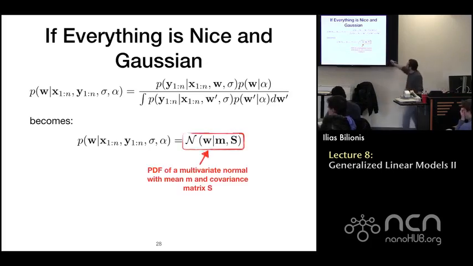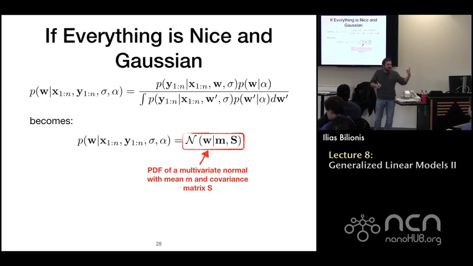Now, this quantity right here is the probability density function of a multivariate Gaussian. What we saw before was the PDF of a univariate Gaussian. Here, w is not a scalar, it's a vector.